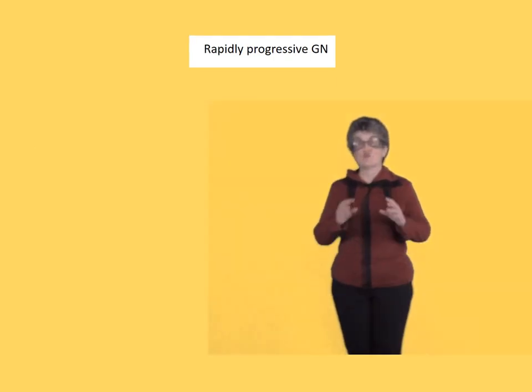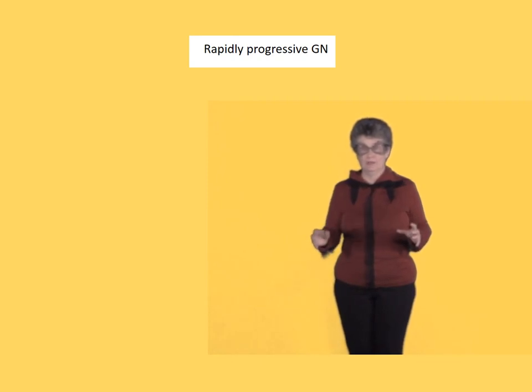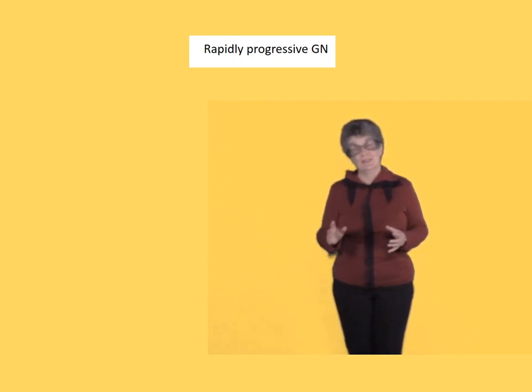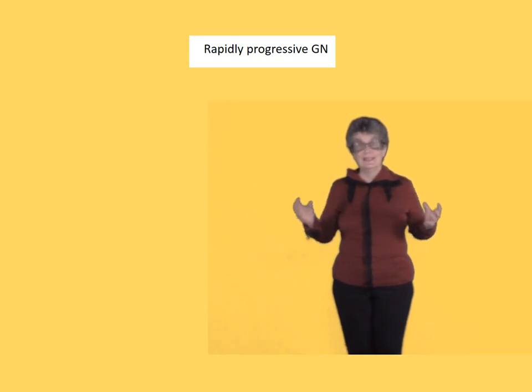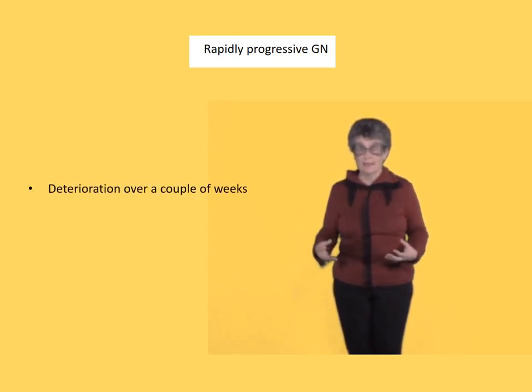Sometimes people get rapidly progressive glomerulonephritis. Many of the things that cause nephritic syndrome can also cause rapidly progressive glomerulonephritis. In this condition, the kidney function deteriorates over a couple of weeks, normal to no kidney function in a couple of weeks.